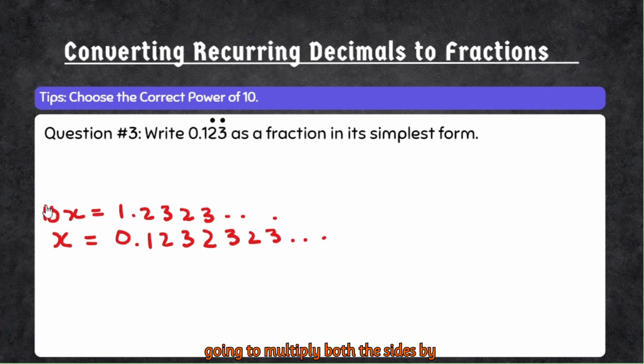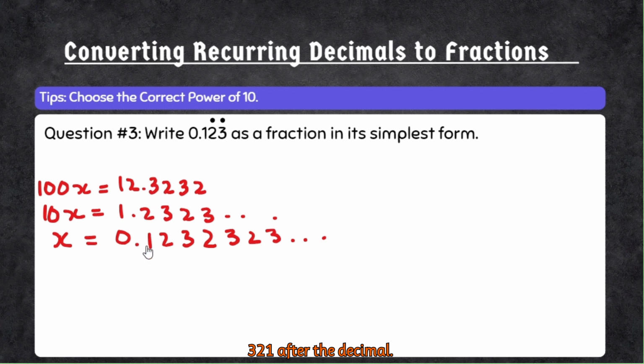So we're going to multiply both sides by 100 this time. So 100x would be 12.3232. But again, you can see that we have 3 to 1 after the decimal.